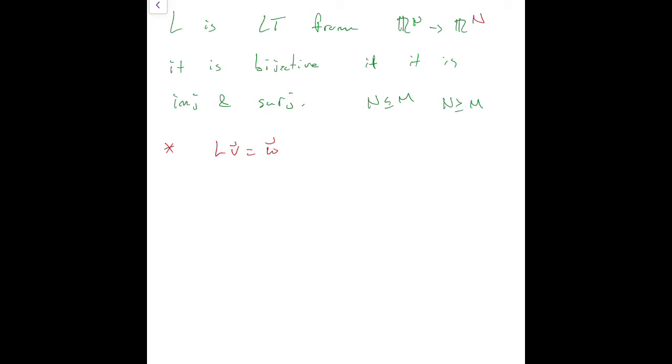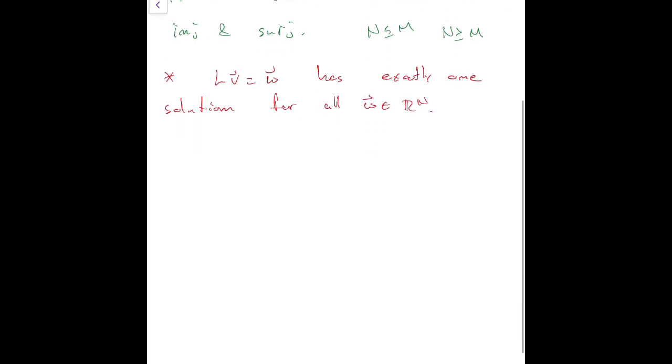Since it's both, it means there's exactly one solution for all W in Rn. So for every W in Rn, there is a unique vector in Rn that satisfies LV is equal to W.